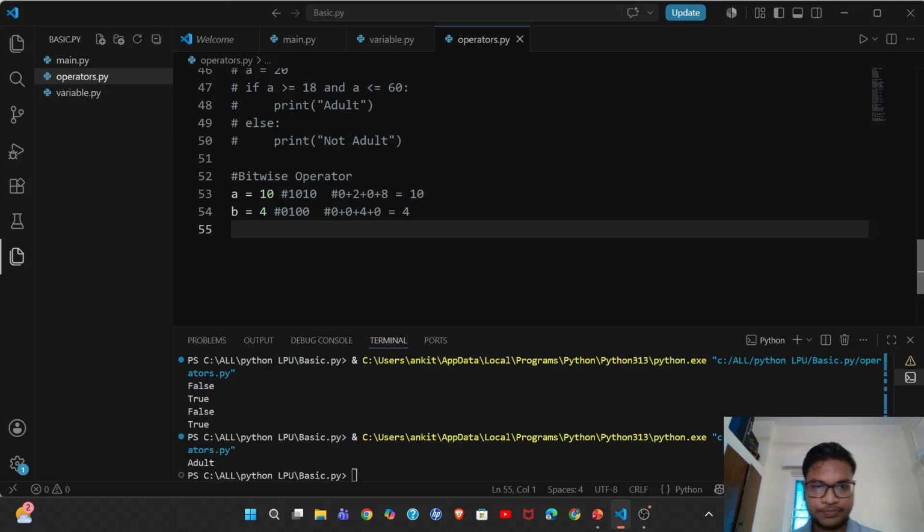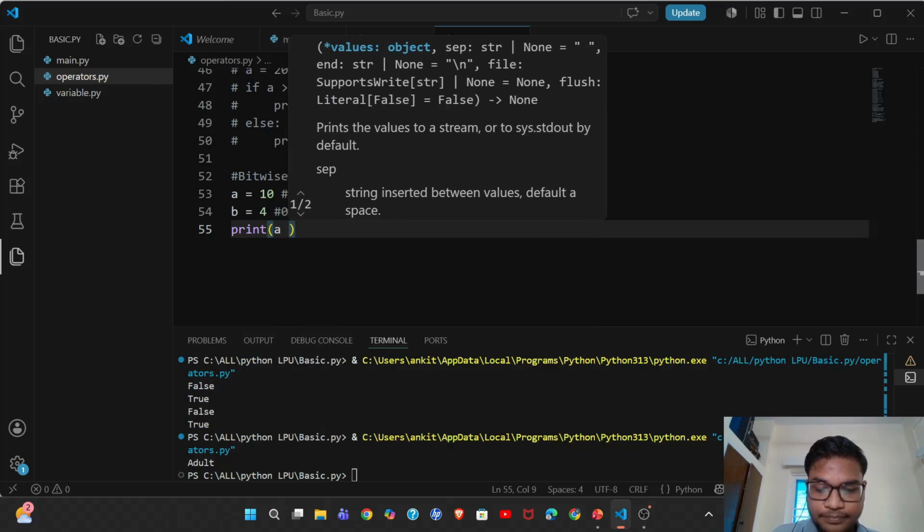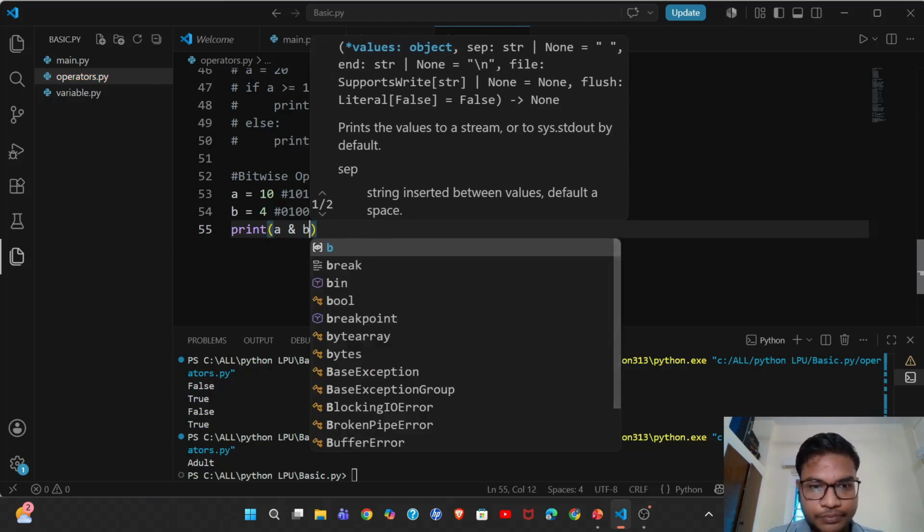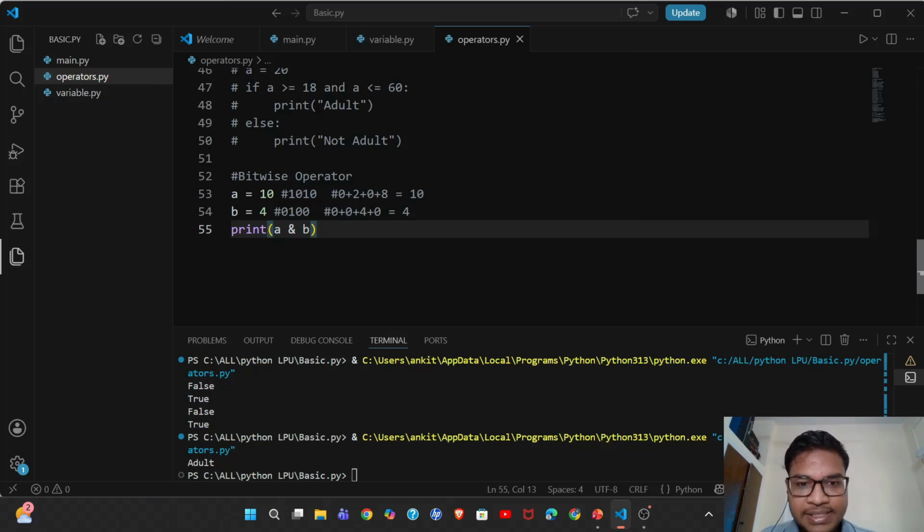So let's print A and B. What does it mean? If both bits are 1, then the output is 1. If both are 0, the output is 0. If one is 0 and one is 1, the output is also 0. So only if both are 1 is the output 1.